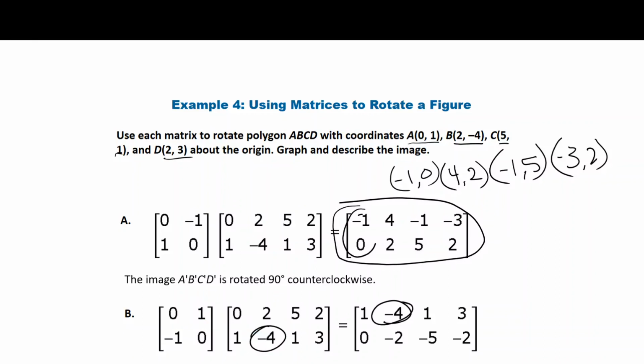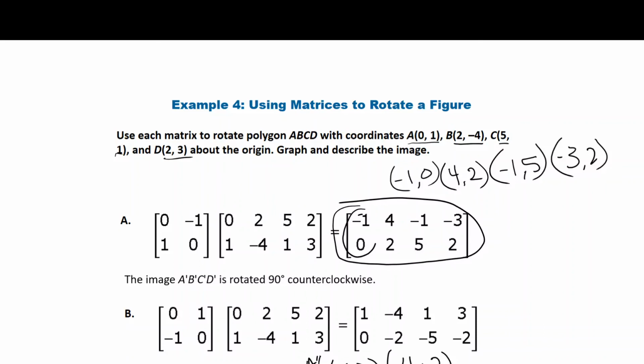All right, so once you finish doing all that, you're going to have your new coordinates. And so they are going to be 1, 0, -4, -2. And this is A prime. And actually, we're going to call this A prime prime, and so on.